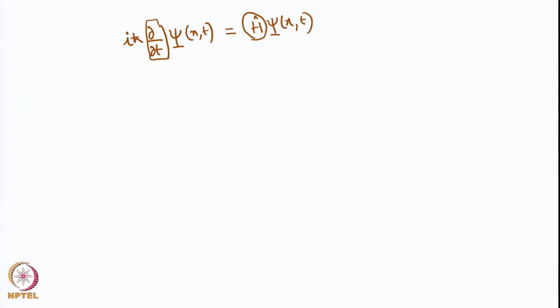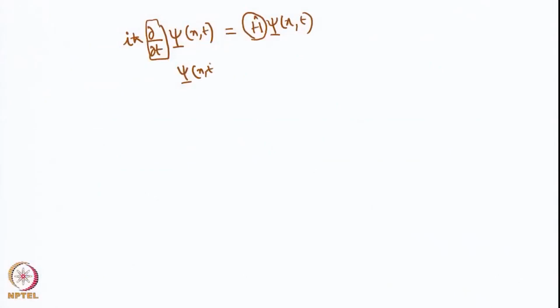Now we also know that if you have a time independent potential, then your psi of x, t is equal to psi of x multiplied by e to the power of minus i E t by h bar.